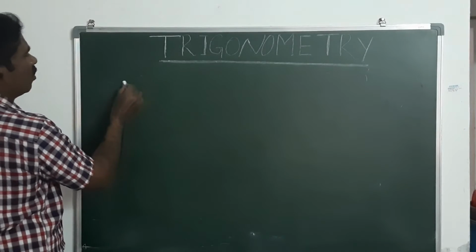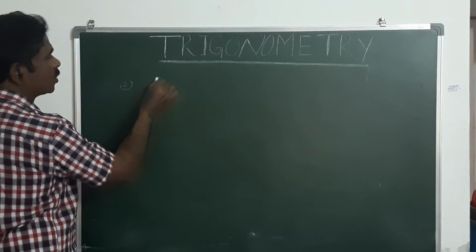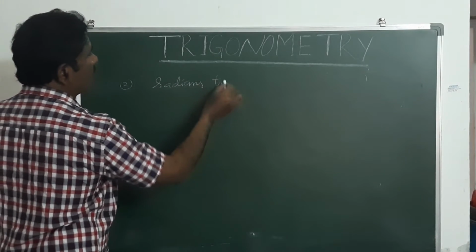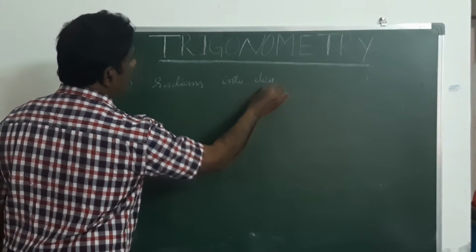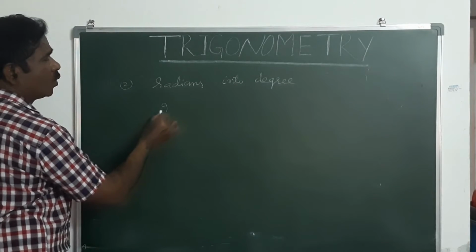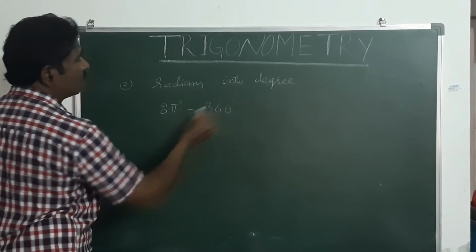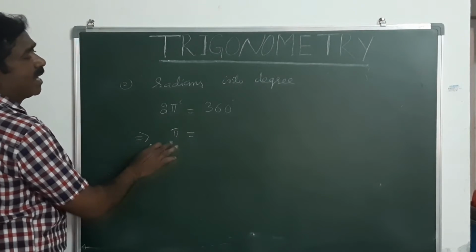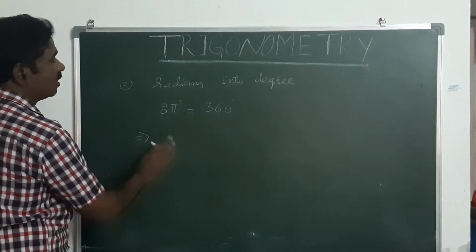Degrees to radians is completed, the first one. Now radians to degrees. We have 2 pi radians equals 360 degrees.